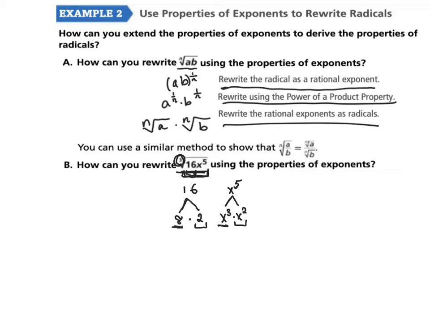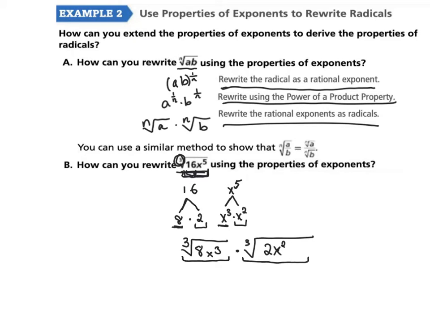Okay, so let's rewrite this as two different radicals. So the cube root of 8x cubed times the cube root of 2x squared. Let me erase that. What I'm doing is I'm just separating this piece because I know I can take the cube root of 8 and x cubed.